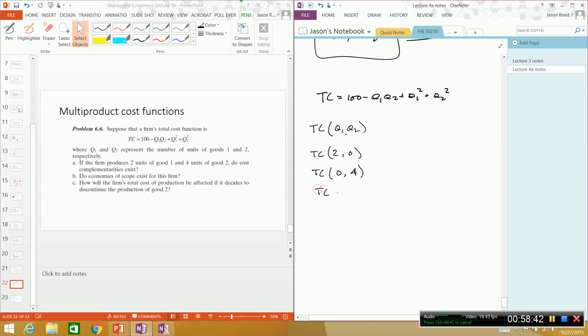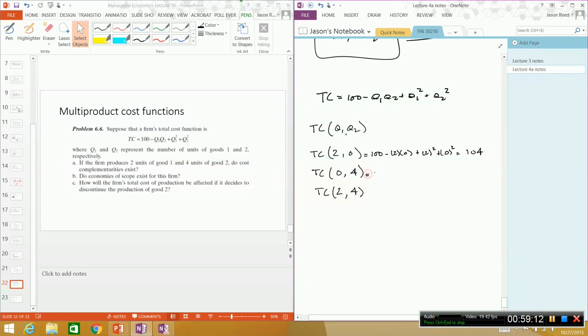And then we want the total cost when we produce both 2 units of good 1 and 4 units of good 2. To do that, we just plug in values. So we have 100 minus 2 times 0 plus 2 squared plus 0 squared. We should get 100 plus 4, which is 104.